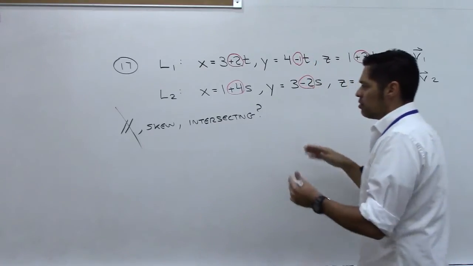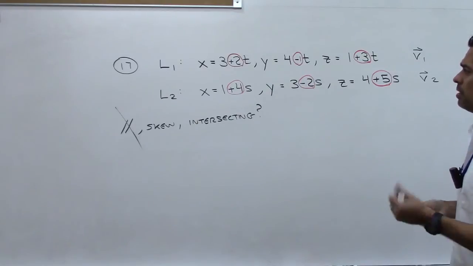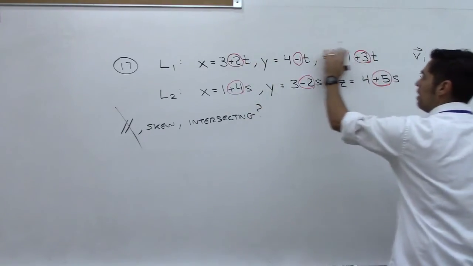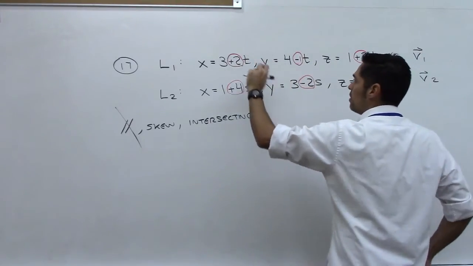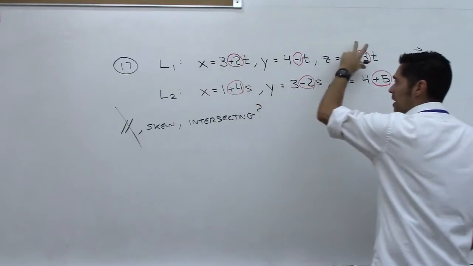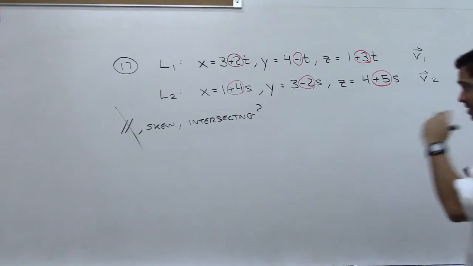So do these actually share a point? Do they actually hit at some point? So remember that for different values of t, right, I draw different points. They're really vectors, but they correspond to points on the line. So for different values of t, I draw all these different points. And for different values of s, I draw all those points on the second line.